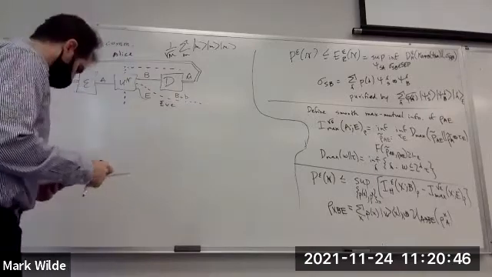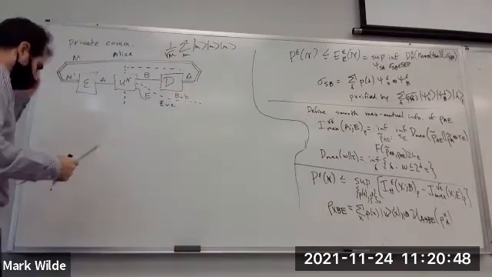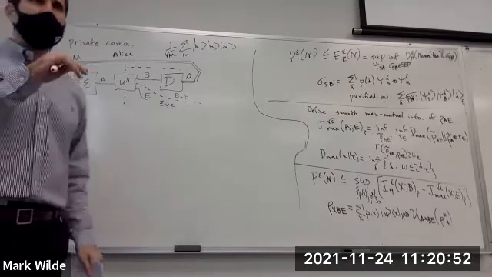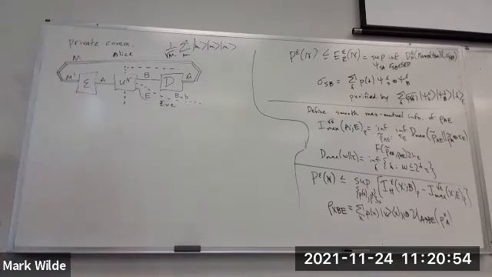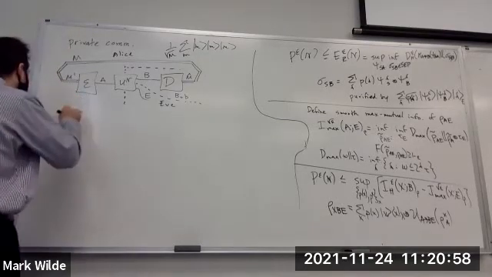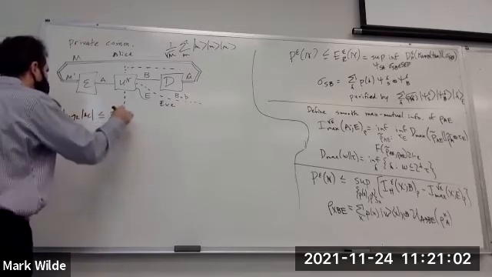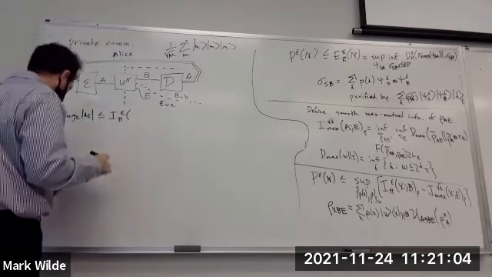Okay. So think about an actual protocol. Remember the reliability criterion, we've used it twice now, and we can use it again. The number of bits you can send is less than the hypothesis testing mutual information.